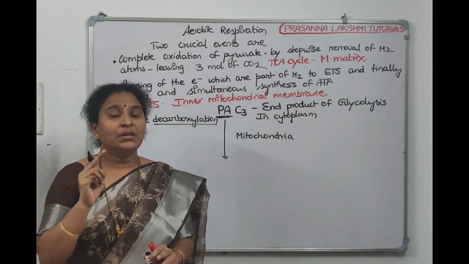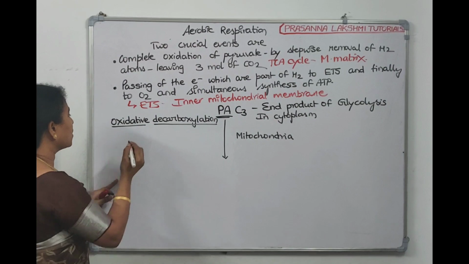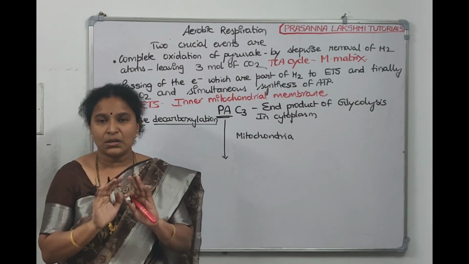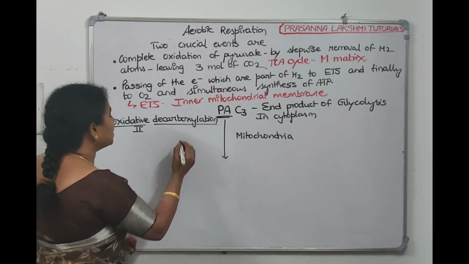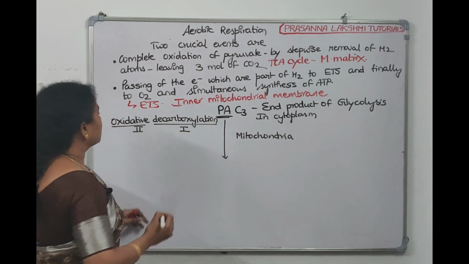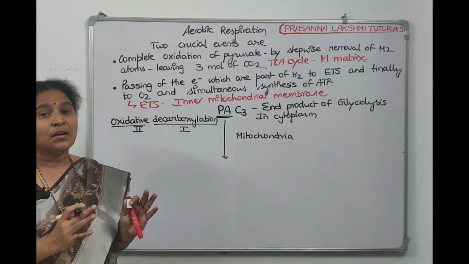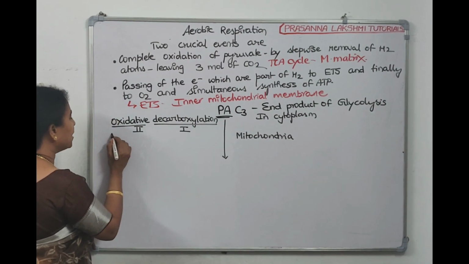Oxidation 1 we have seen in the 6th reaction of glycolysis, so this is oxidation 2. In glycolysis we did not see any decarboxylation. The first decarboxylation we are seeing here, so it is decarboxylation 1.